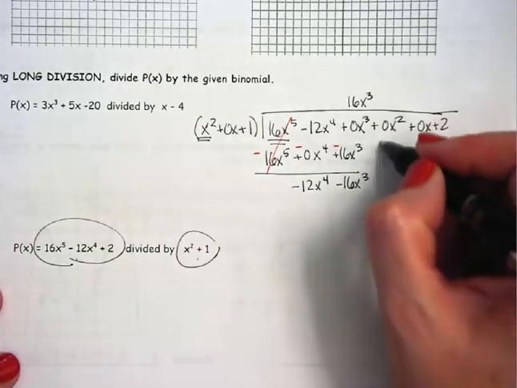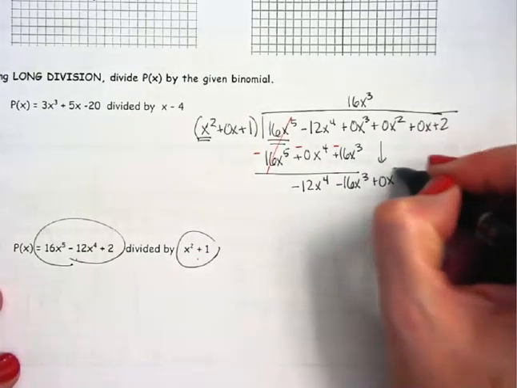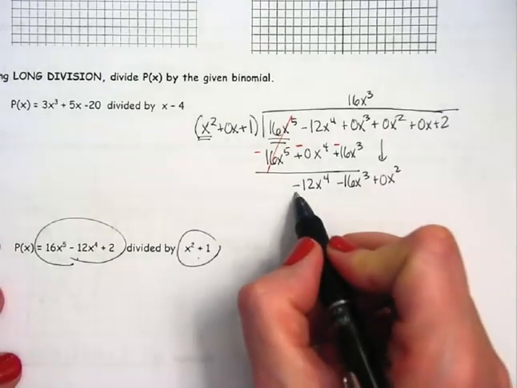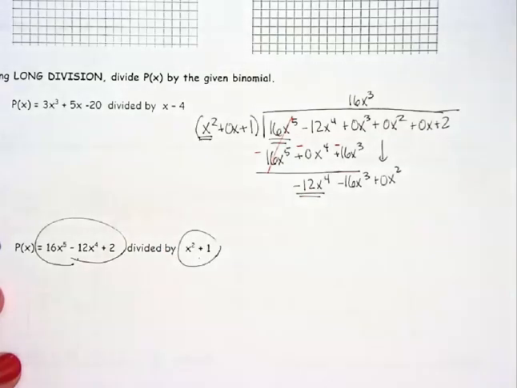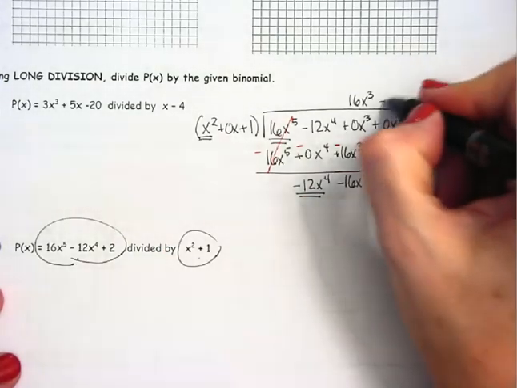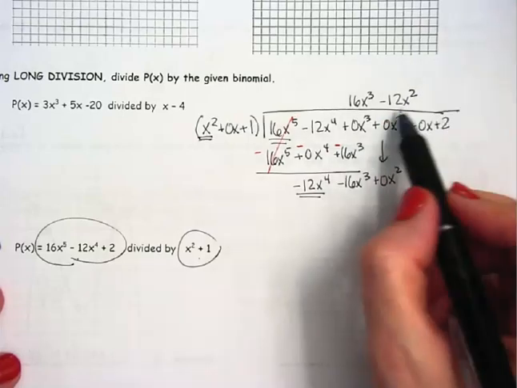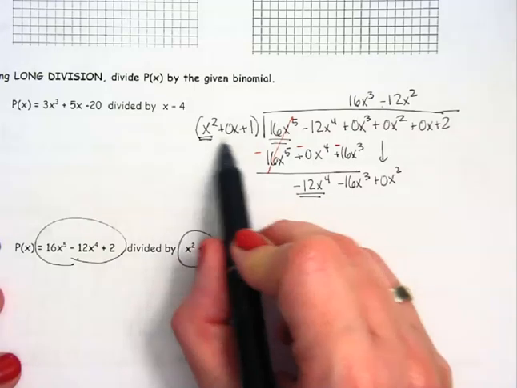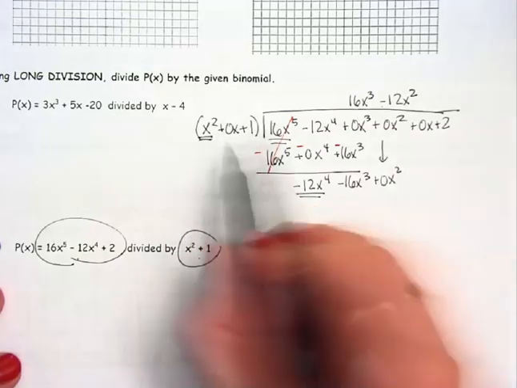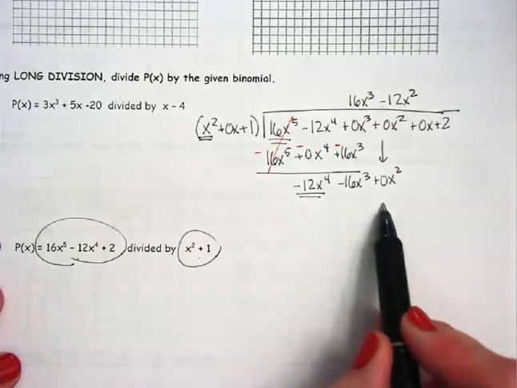I bring down the next term, which is 0x squared, and I start all over again. This first term in this row, now divided by this first term in the divisor, gives me negative 12x squared. This term, including the negative, so negative 12x squared, times all three things here, gets written down here.